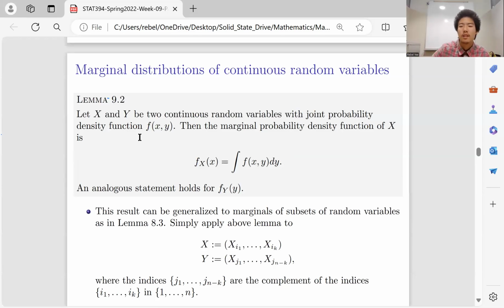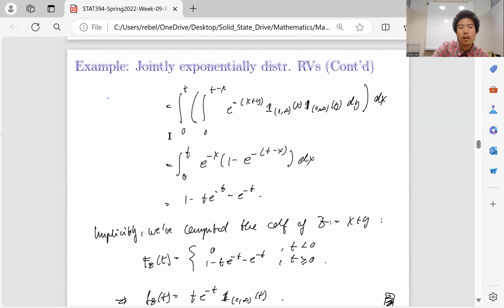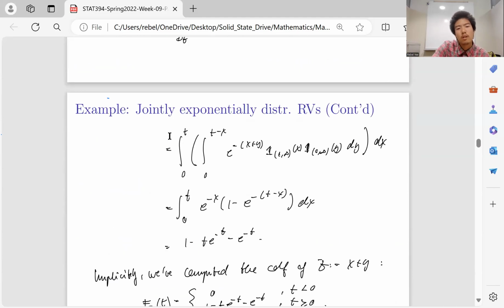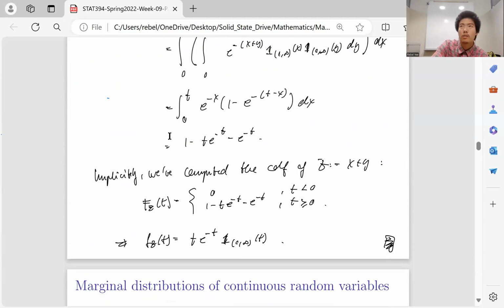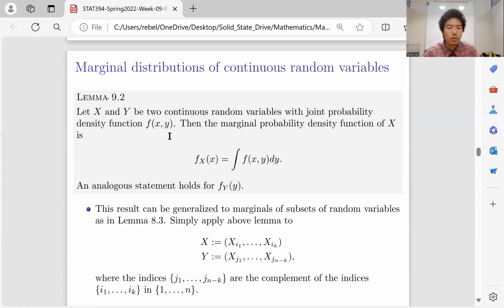Okay. So next, we talk about the marginal distribution. What we talked about above is how the joint distribution works, and some examples of how we calculate its probability. And now we go into another similar concept to discrete random variables, which is marginal distributions.